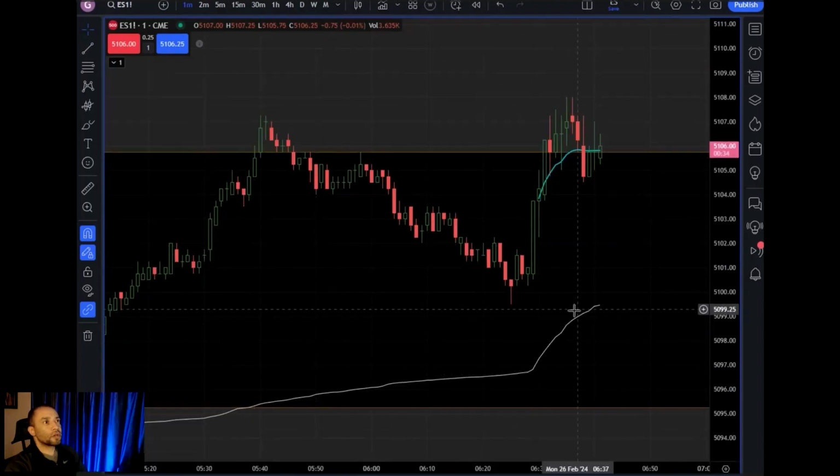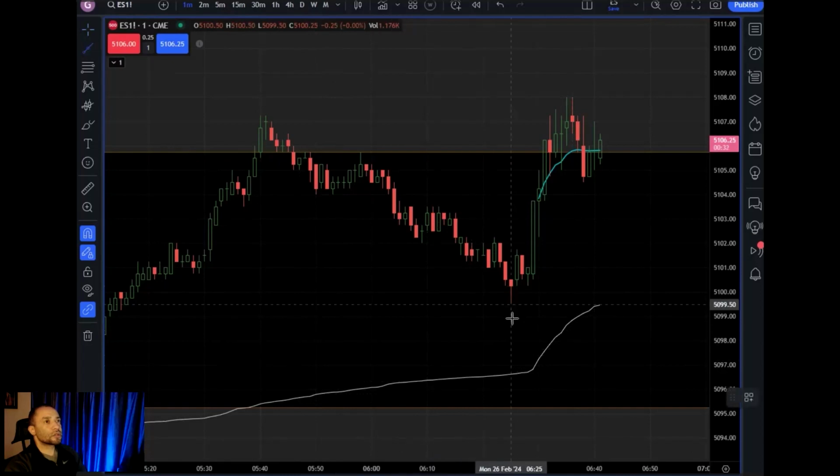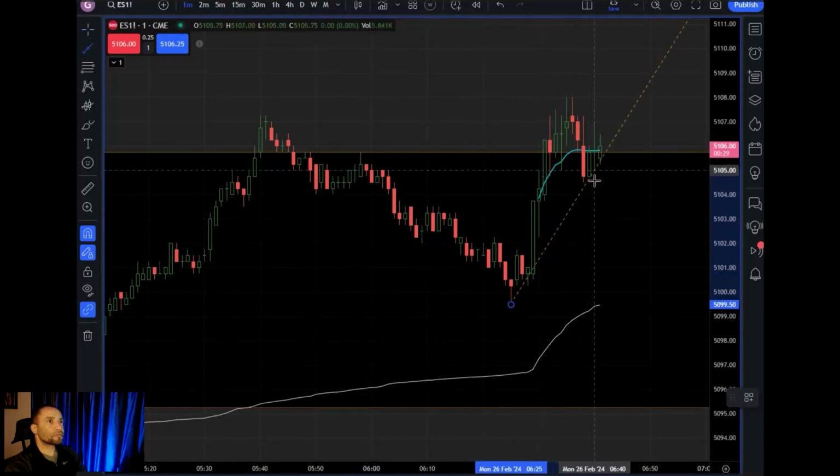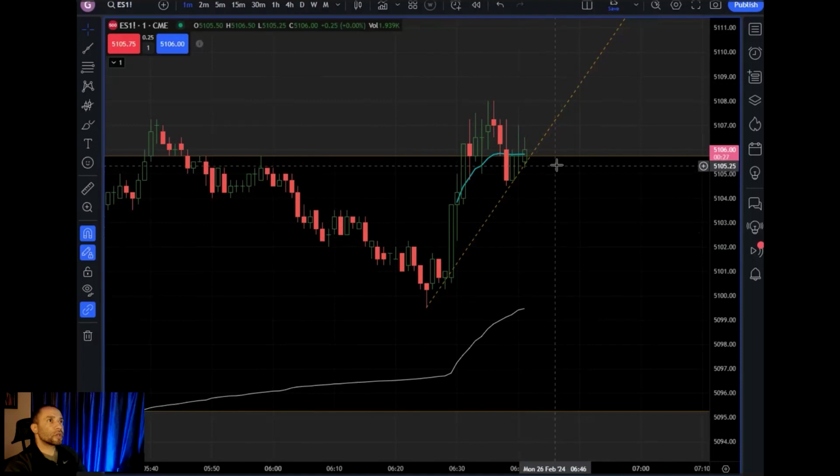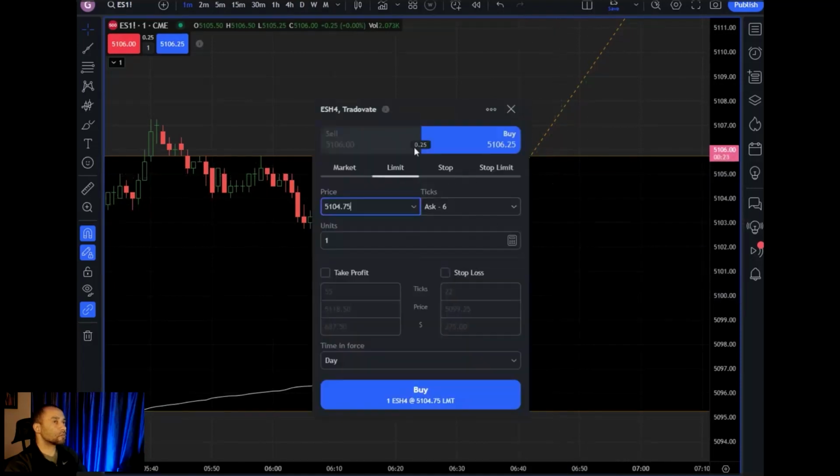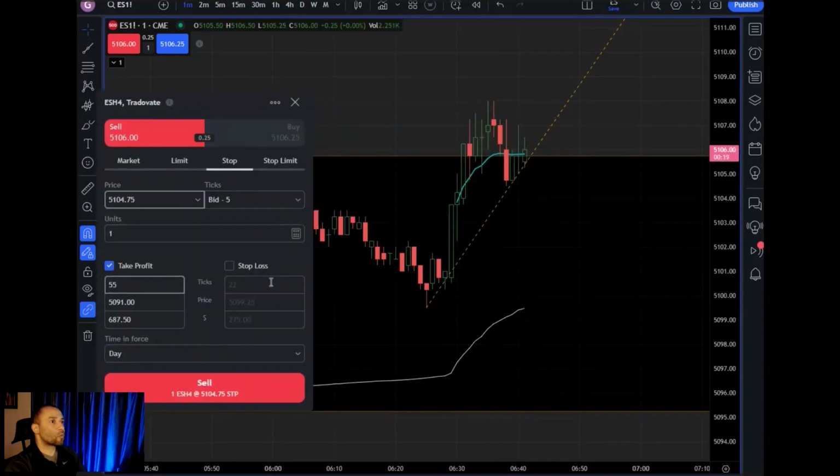What I'm looking for here is this trend line. Okay, we're in a resistance zone, which is this gray area that price is in. It's kind of gone into it. Here I'm setting my sell stop. I want to enter this trade when price breaks below this trend line.